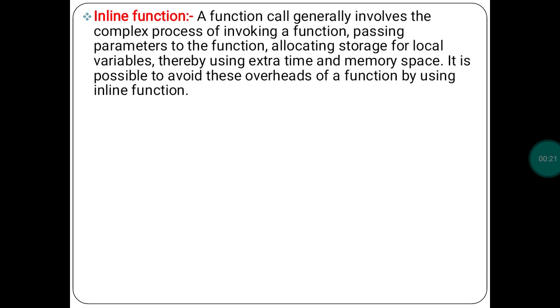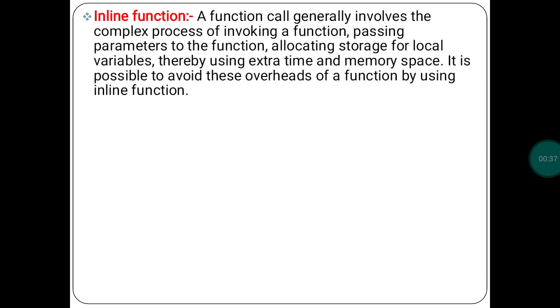So mainly, what is function overloading? Function overloading means two or more functions can have the same name but differ in the number of arguments or the type of arguments. That is the definition of function overloading.